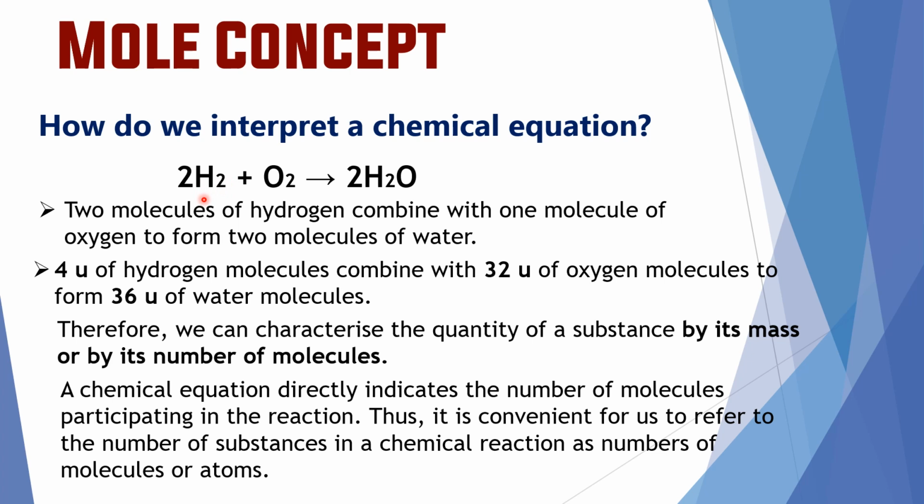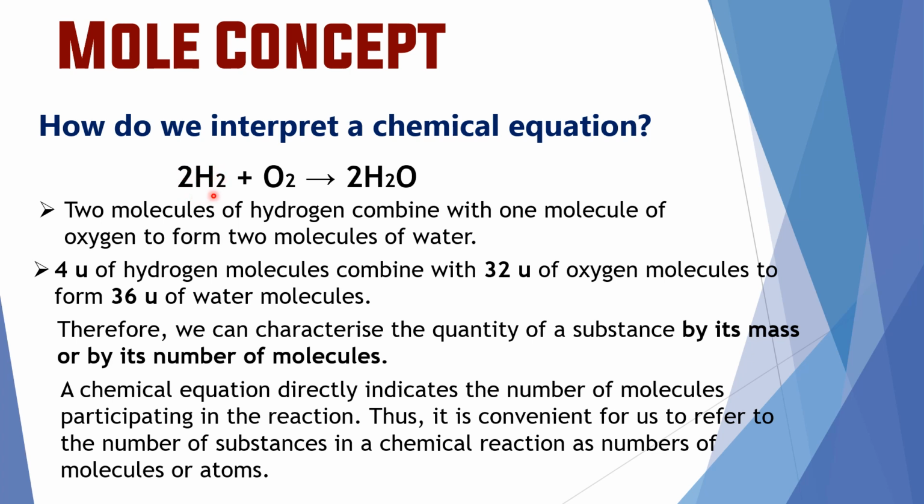See here, two molecules of hydrogen, H2. H2 means hydrogen is a diatomic molecule. You know that hydrogen exists only as a diatomic molecule. So here, 2H2 means a total of 4 hydrogen atoms, but it is 2 hydrogen molecules.